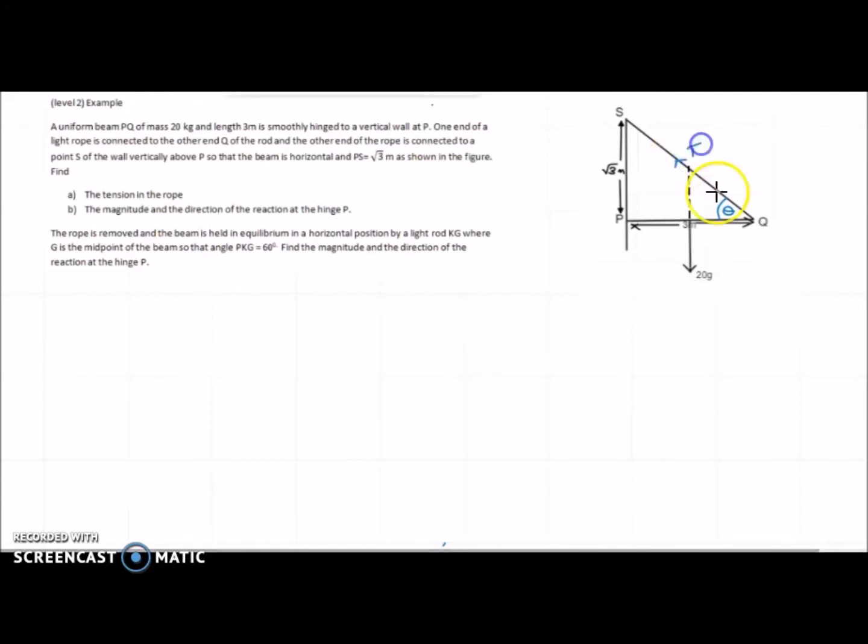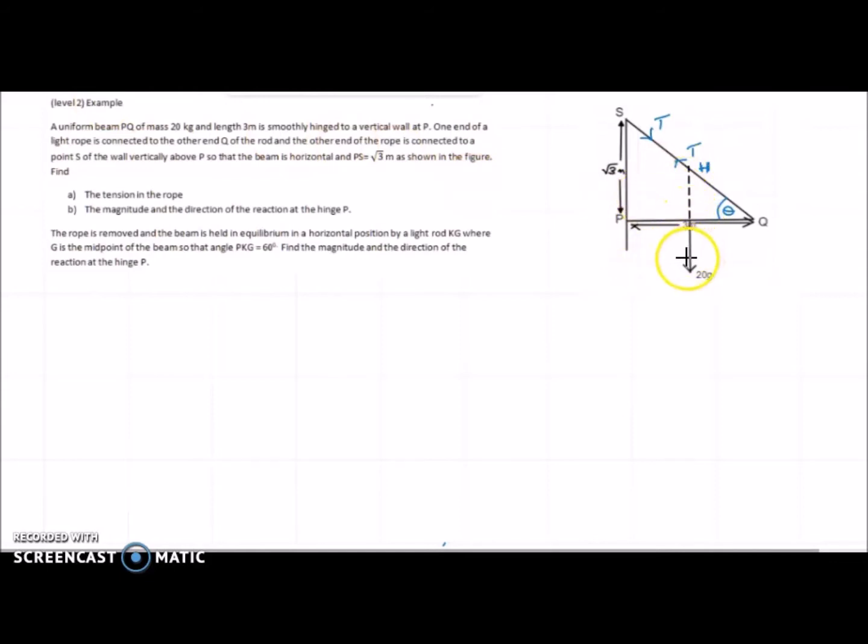It acts towards this direction. Then from S, the tension acts in this direction. When I produce this line, it meets the rope at H. Now, how many forces are acting on this?